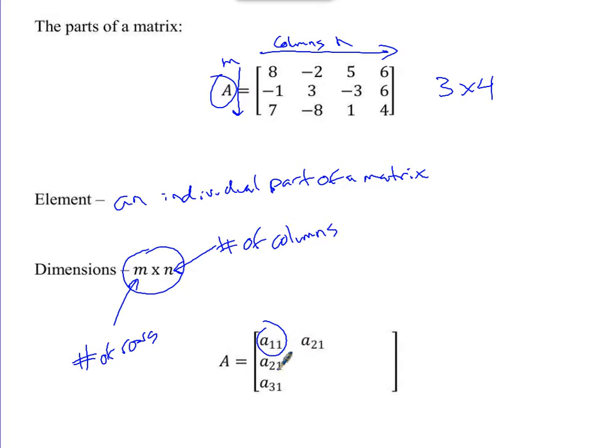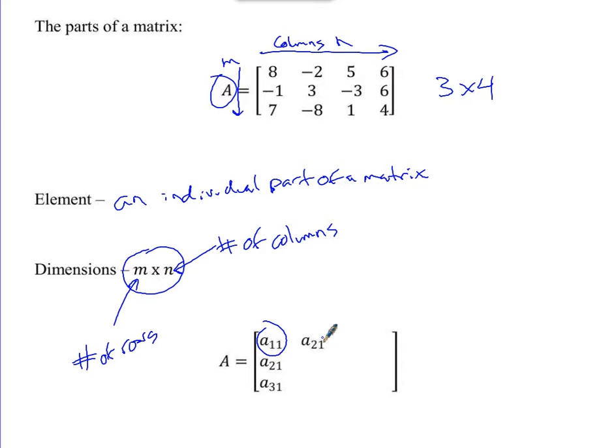Now this guy is in row 2, still in the first column. So it's little a2,1 for row 2, column 1. And then this guy is now in the third row, still in the first column. So that's a3,1. If I move over to the second column, this is actually wrong. No.